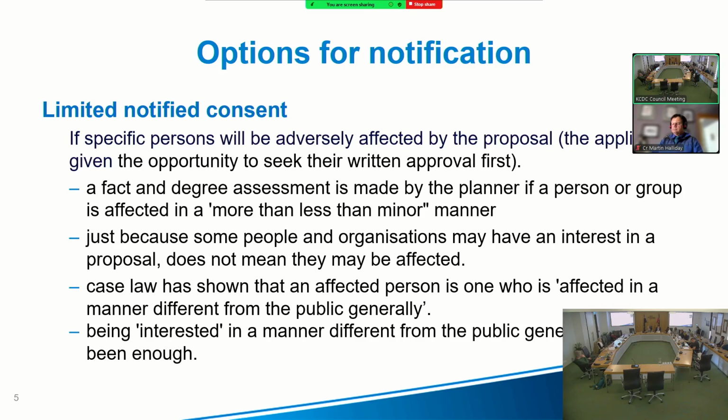All right, and then sorry, I just have to see if it is limited as well. So for limited notification, the criteria again is in terms of whether it's more than minor, right? It is usually when the application is likely to affect a specific group of people.